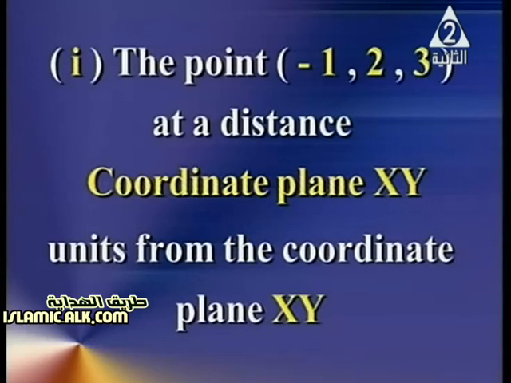We determine (-1, 2) in plane xy and move 3 units in the positive direction of the z-axis to determine the point (-1, 2, 3). Then this point has -1 on OX, 2 on OY, 3 on OZ.